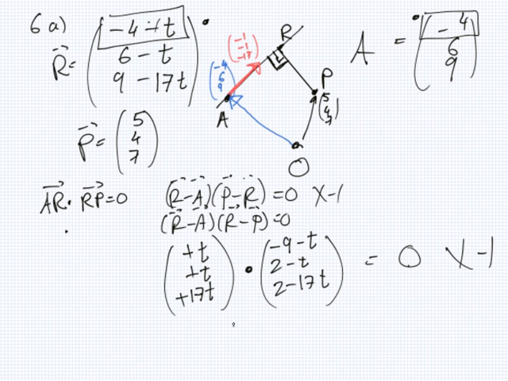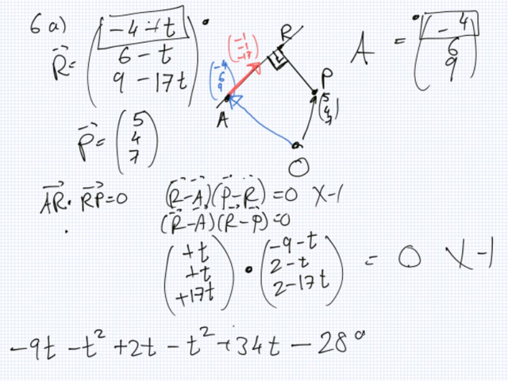Let's expand. Minus 9T minus T squared plus 2T minus T squared plus 34T. What's 17 squared? 289, thank you. 289 T squared equals 0.